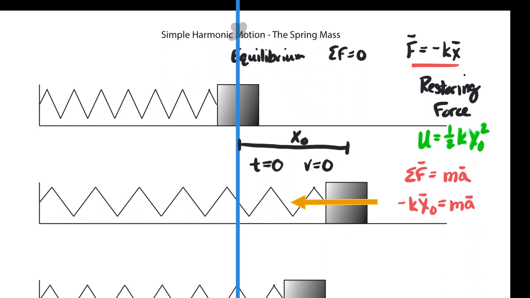We're going to follow along with what this object is doing. I want you to pay attention to very specific variables. I'm going to tell you what we're paying attention to. We need to pay attention to position, acceleration, energy, and force, and velocity. Those 5 things. Position, acceleration, energy, force, and velocity. That's what we need to pay attention to.